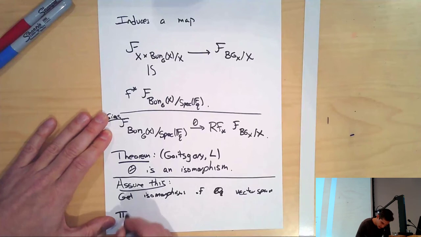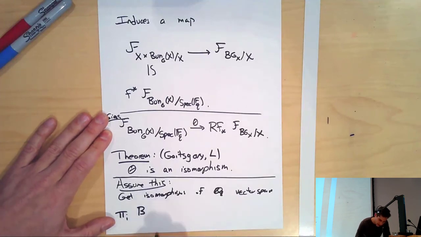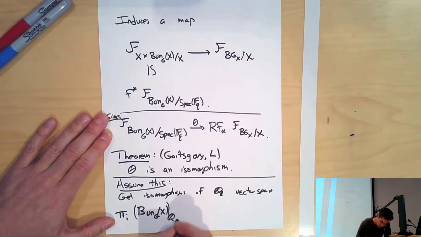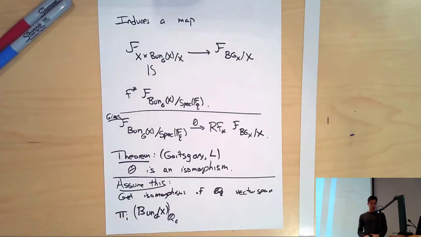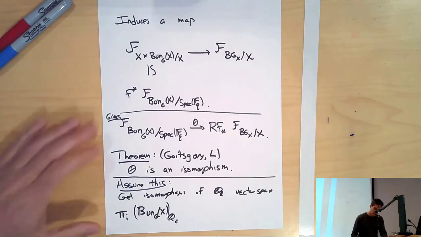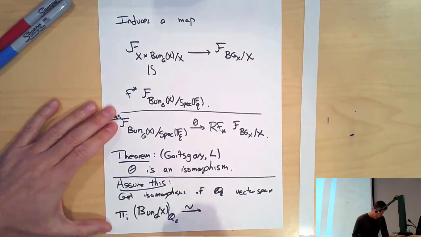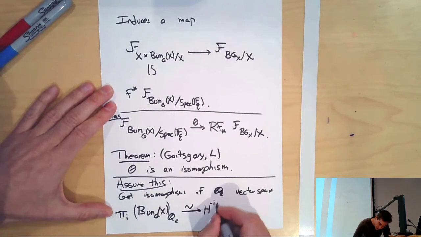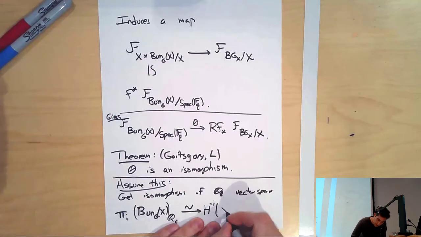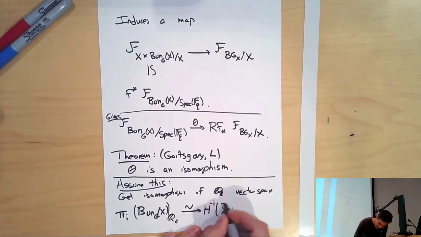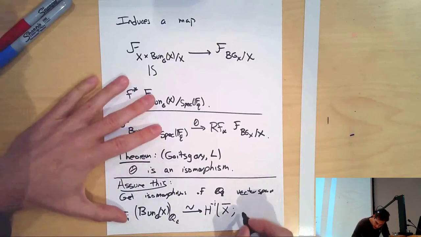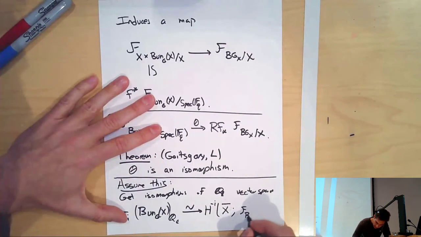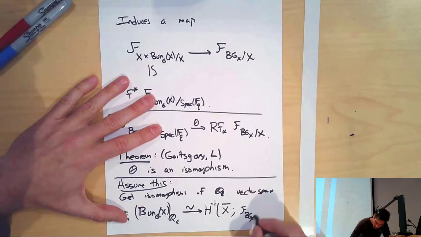If you take the ith on the left-hand side, what you would be seeing are the homotopy groups of Bun_G,X with Q_l coefficients, and on the right-hand side, the hypercohomology groups of X-bar with coefficients in this F_{BG_x} relative to X.